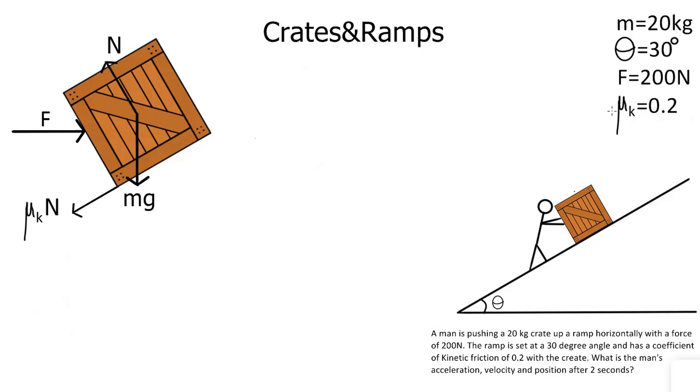So just pause, right? M equals 20 kilograms, and the force is 200 newtons. The ramp is set at a 30-degree angle and has a coefficient of kinetic friction of 0.2 with the crate.